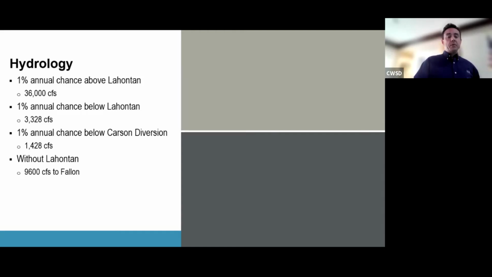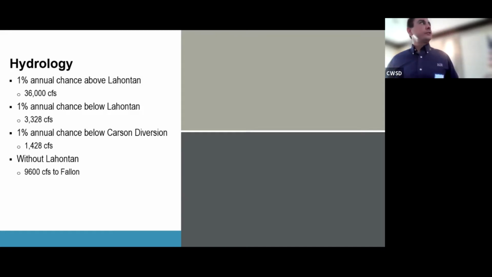And then below the Carson diversion, again, we have 1,400. So you're looking at some areas of this floodplain having a 1,400 CFS 100-year flow versus above the reservoir at 36,000. And I'm going to show you a graphic here.